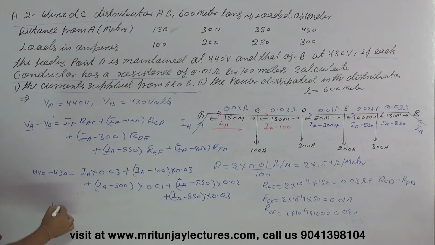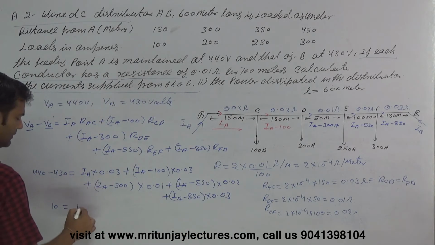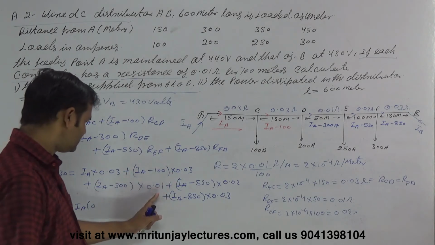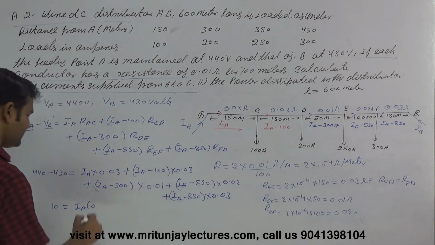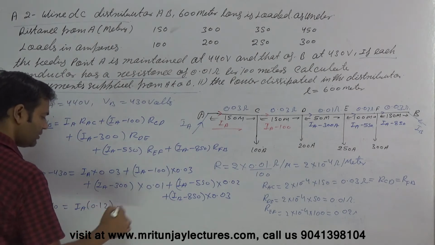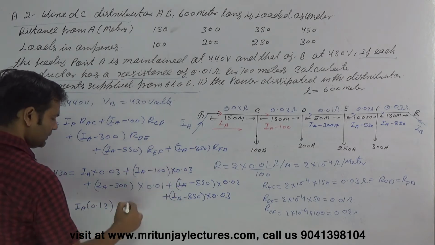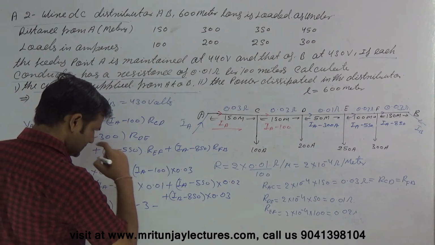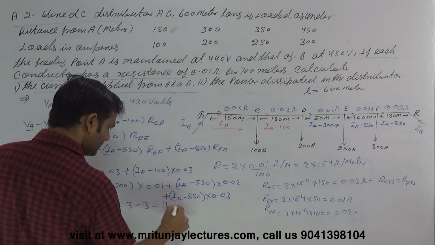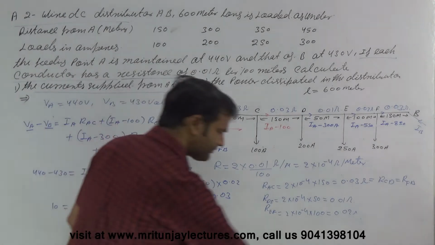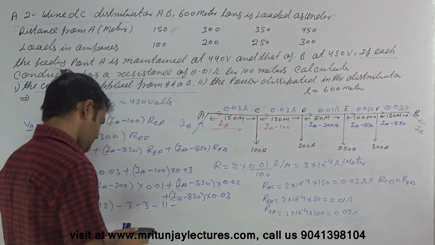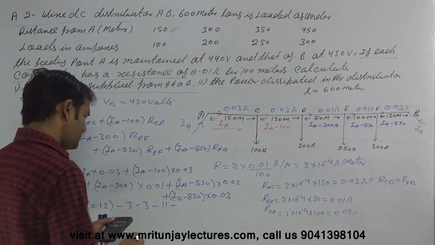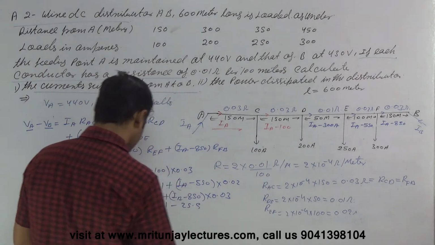Okay, that is 10. This is equal to IA into (0.03 plus 0.03 plus 0.01 plus 0.02 plus 0.03), that is 0.12 IA, minus the constant terms, with 850 into 0.03 giving 25.5.